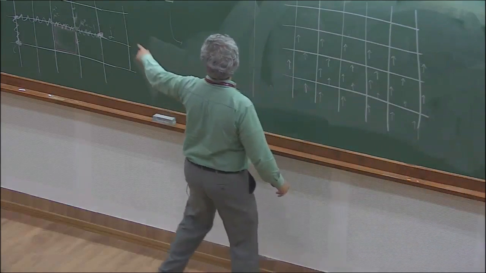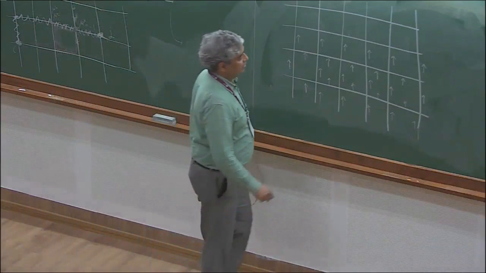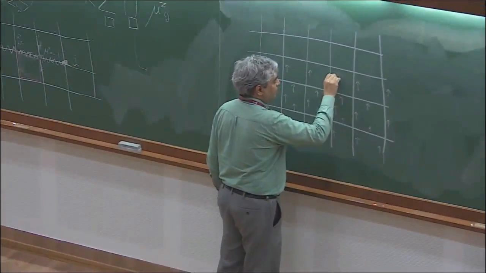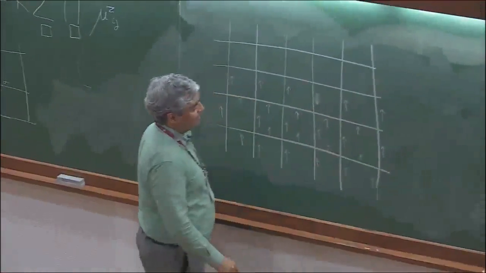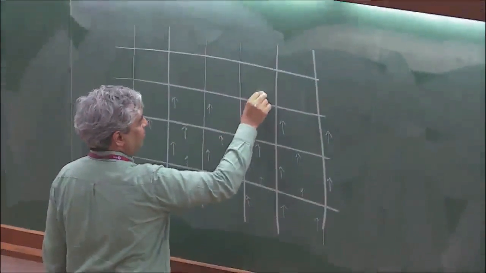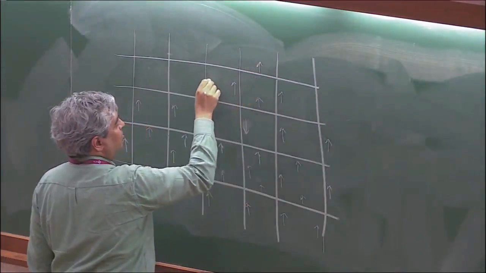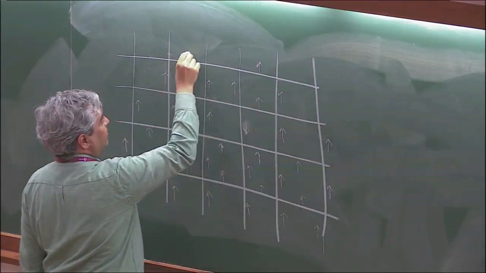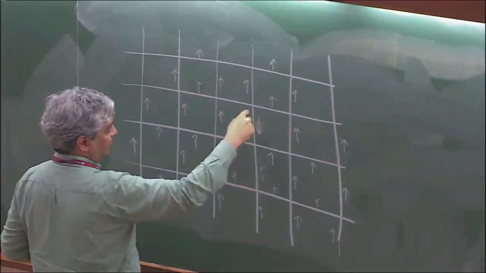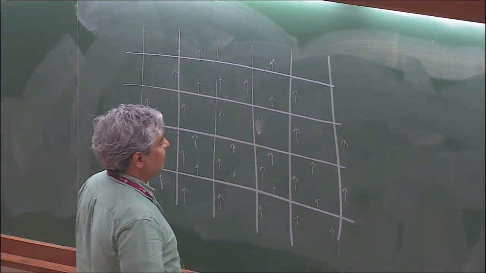Okay, so now I want to just hit this once. If I do this, I'm going to pay an energy cost. So if I just hit it once, everything else is up, and I hit it just once. If I hit that on this state, I flip this, and this is now an excited state.